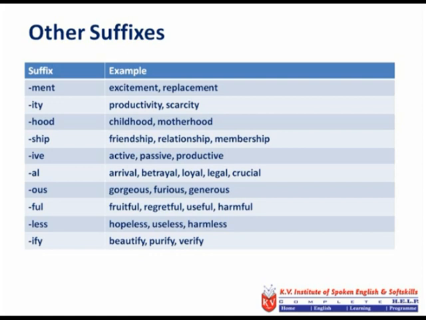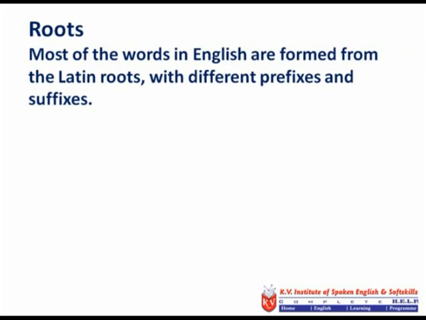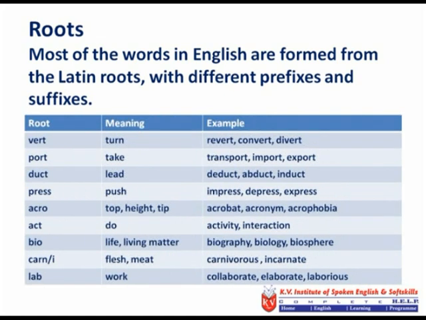Now let's learn something more about roots. Most of the words in English are formed from Latin roots with different prefixes and suffixes. Let's see some of the roots. Vert means turn. These roots make the words revert, convert, divert.